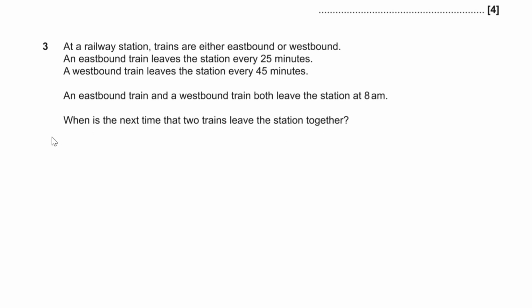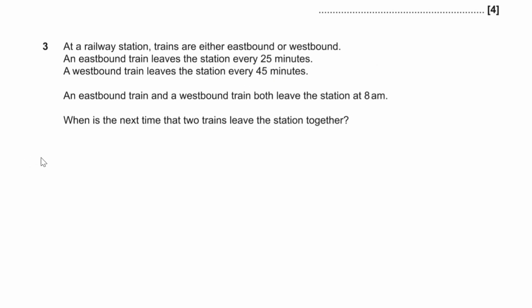Well, here what we need to do is find the lowest common multiple of 25 and 45. Well, what we'll do is we'll list the multiples of 25 and 45, and from that we can find the lowest common multiple.